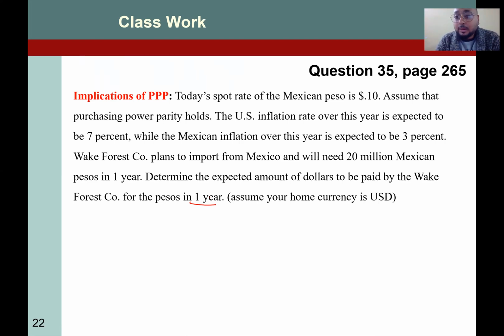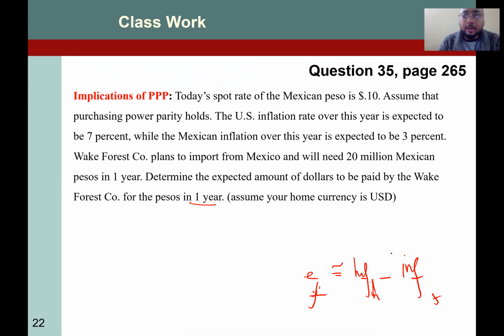So now you tell me, what did we talk about? The foreign country's exchange rate is approximately a difference of inflation in home minus inflation in foreign. So now we need to see whether the Mexican peso will appreciate or depreciate.